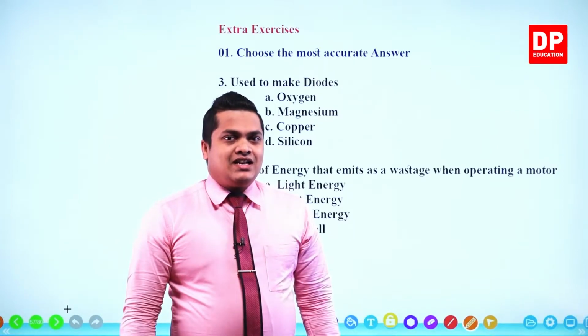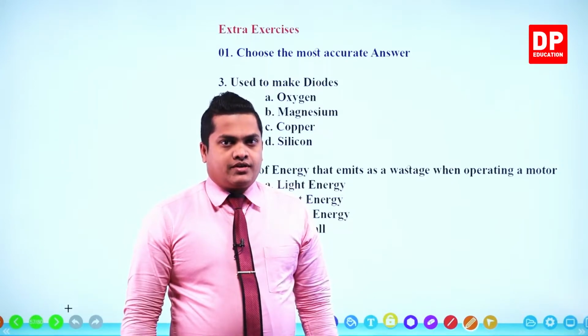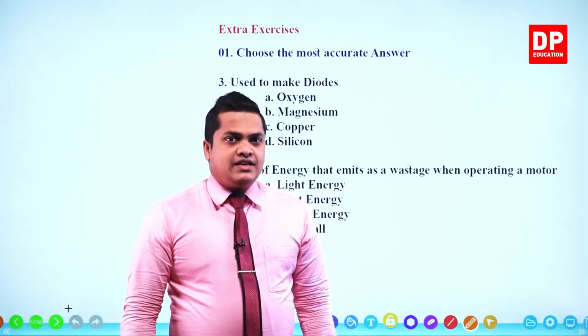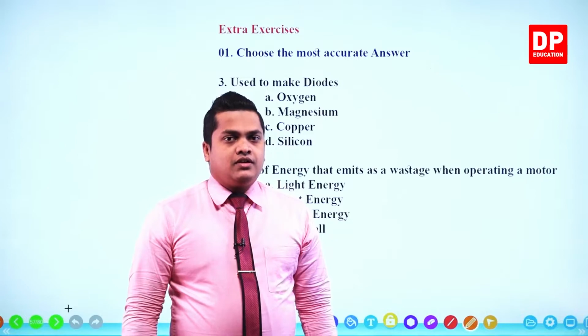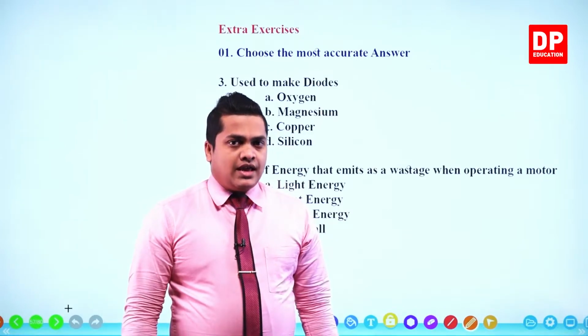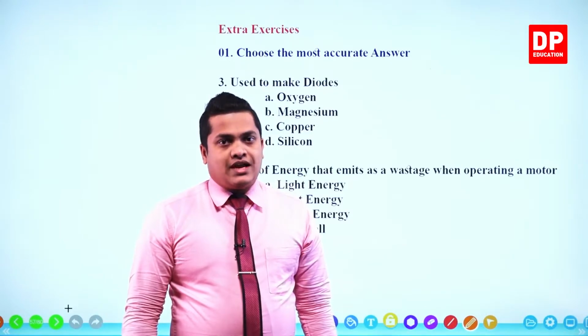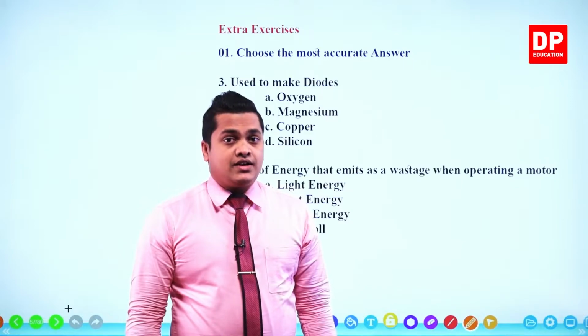So silicon and germanium are the ones, and arsenic was also correct. Most of the time arsenic is used to create LEDs. Silicon and germanium are the elements that we use to create diodes and transistors. So those things are considered semiconductors.